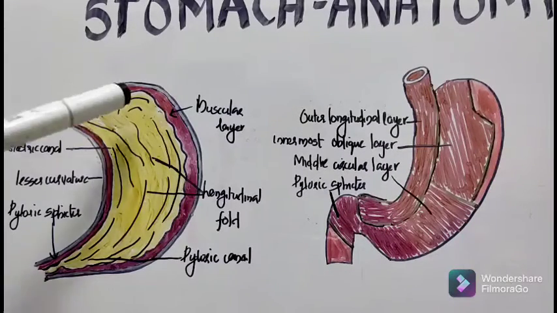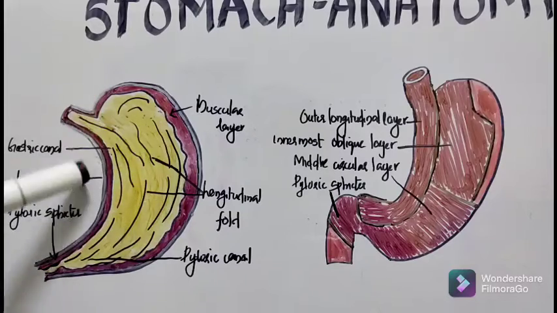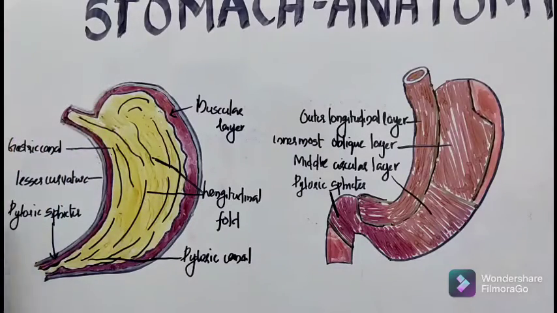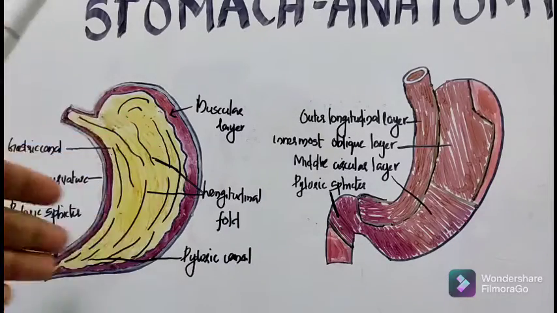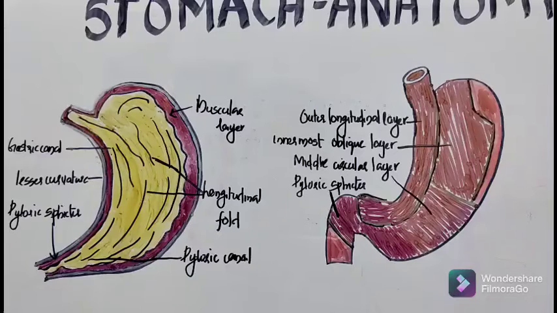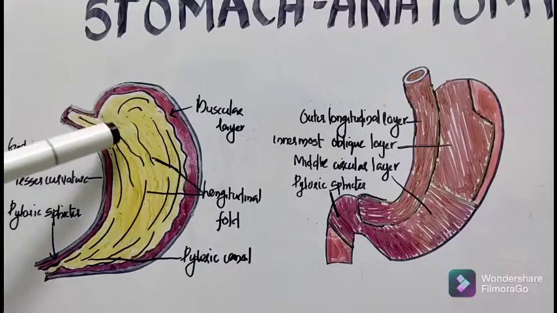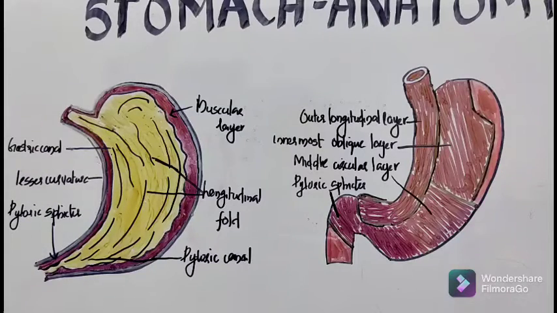First we will discuss the mucosal layer, the innermost layer of the stomach. When you cut open an empty stomach, you can see the folds of mucosa, called rugae. Along the lesser curvature, these rugae are more longitudinal, and in other parts they are irregularly arranged.